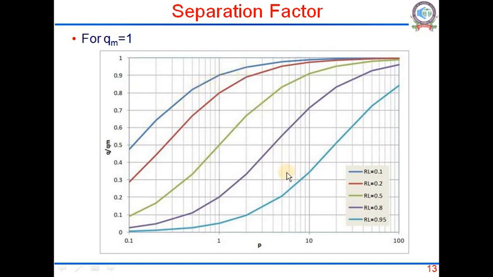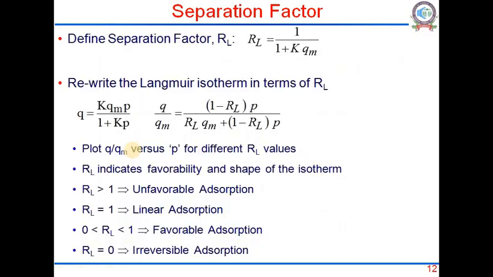If RL is 0.95, it behaves like this, which means lower the RL, more favorable is the adsorption on the surface. So RL indicates the favorability and shape of the isotherm. As we said, RL less than 1 tells you favorable isotherm, and RL greater than 1 or closer to 1, it is more and more unfavorable adsorption.